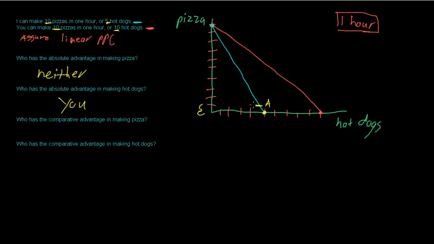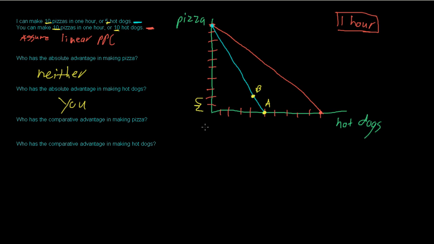Because here would be 1 whole hot dog, 2 pizzas. So the opportunity cost, you know what, let's just go ahead and do this for 2 pizzas. So I'll back up a little bit. So for me to make 2 pizzas, I have to give up 1 hot dog, right? So that would be right here. That would be point B.